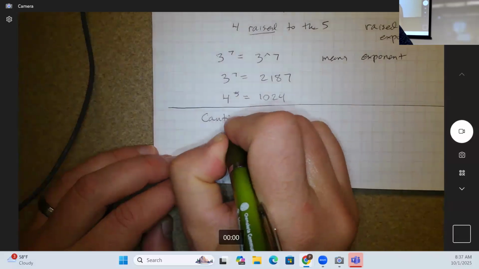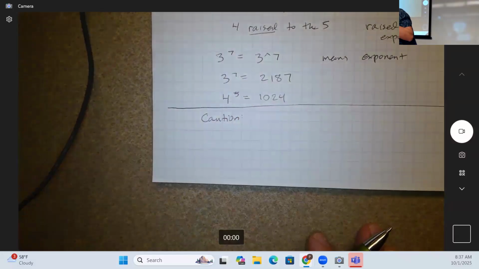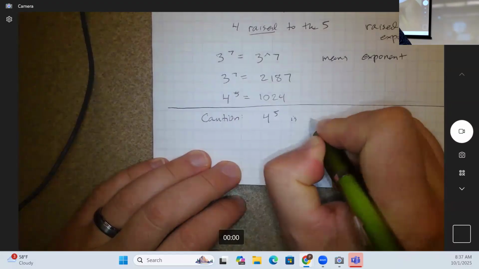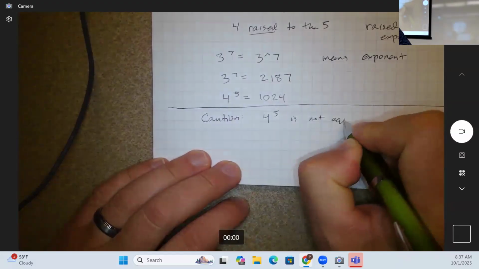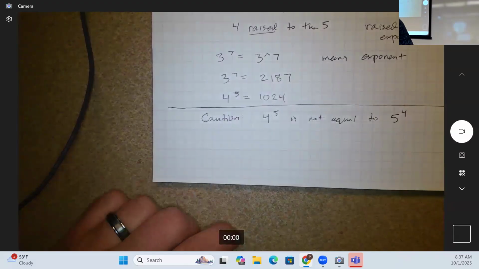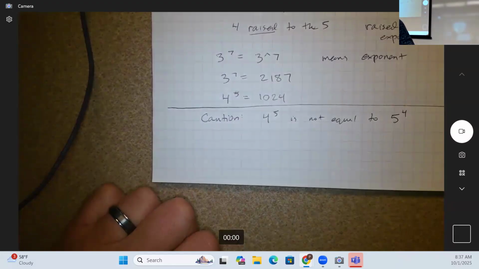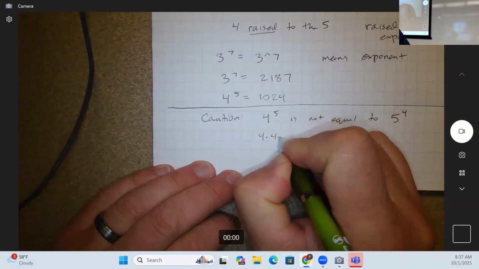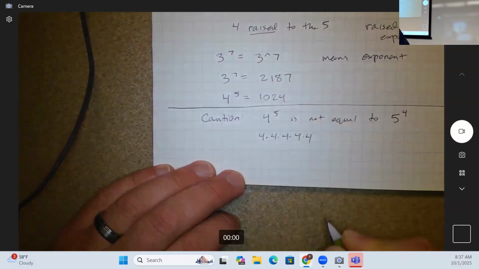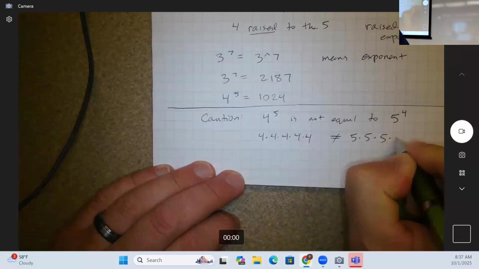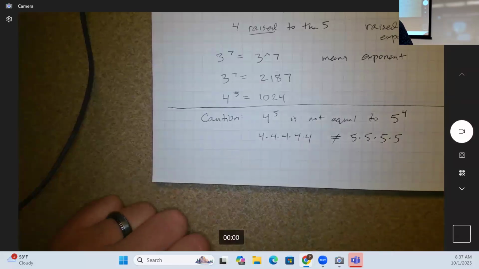And now a word of caution. We don't have a commutative property with exponentials. 4 raised to the 5th power is not, in general, equal to 5 raised to the 4th power. There are a couple exceptions to this, but in general, they're not going to be equal. 4 multiplied by itself 5 times is not going to equal 5 multiplied by itself 4 times.